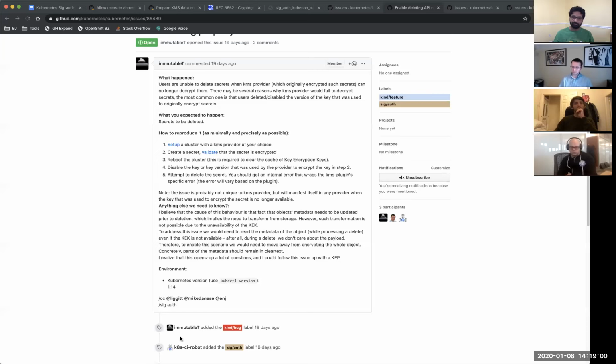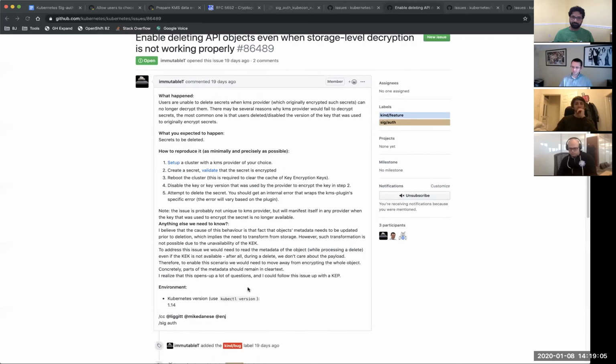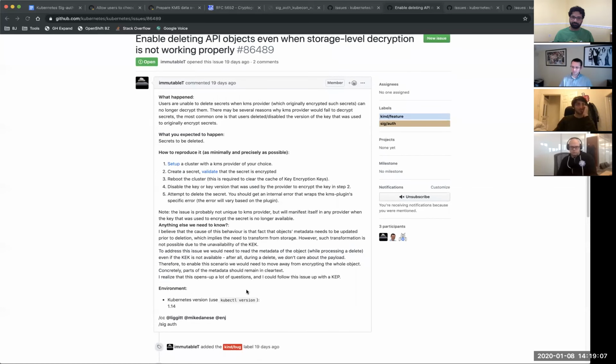That said, is it inconceivable that we hoist metadata necessary for deletes into some attached data when we do this encryption? You don't. Go ahead. Sorry. You can get some mileage out of that, right?